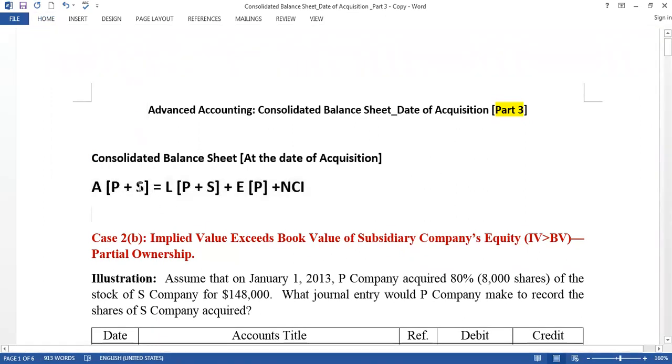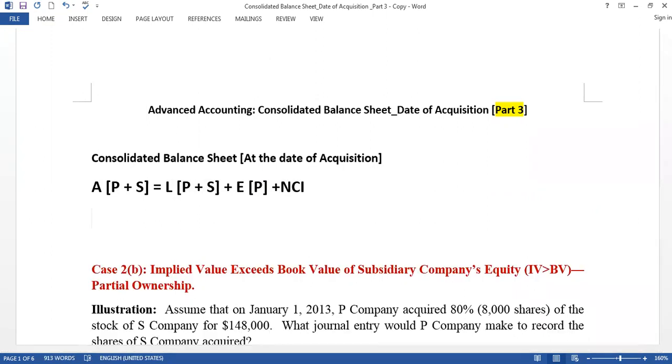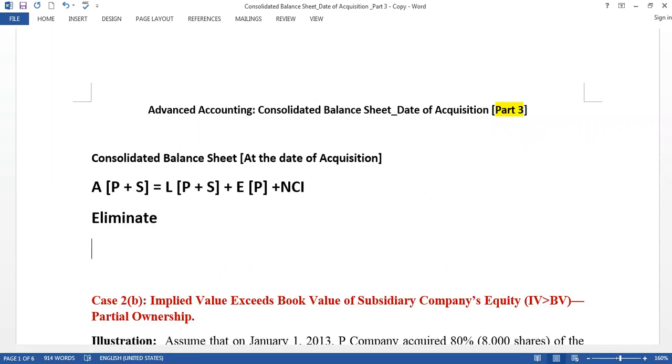We should record the parent and subsidiary companies' assets. We should record the parent and subsidiary companies' liabilities, then the parent company's equity, and if we have any non-controlling interest, we have to establish it. Then we have to eliminate. Which accounts do we eliminate? Assets equal liabilities plus equity, right?